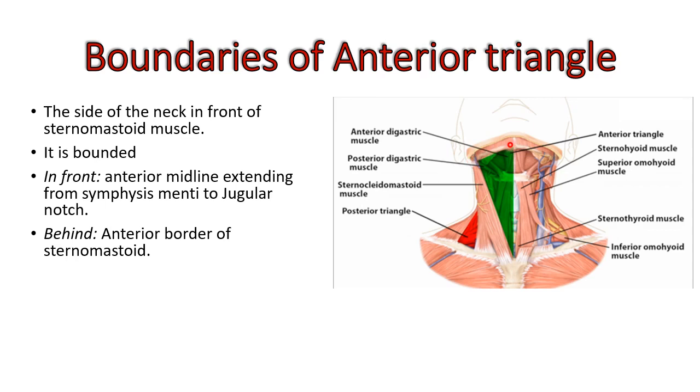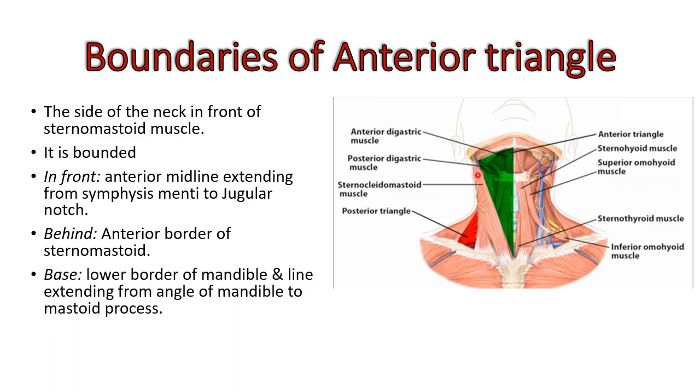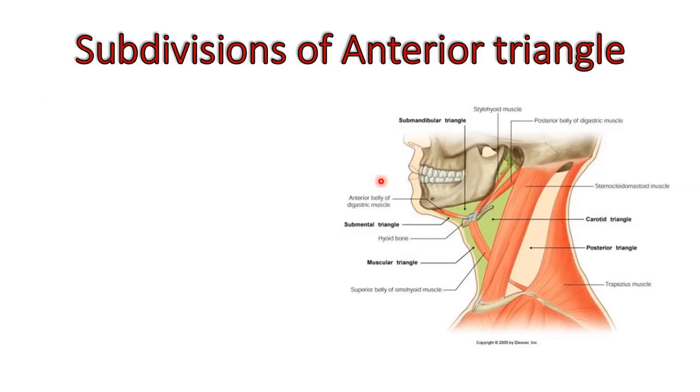So the lower border of the body of the mandible up to the angle, and from the angle an imaginary line up to the mastoid process, is the superior border. Posteriorly it is limited by the anterior border of sternocleidomastoid, and the apex is formed by the jugular notch.